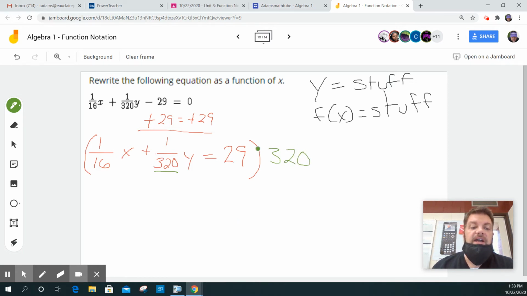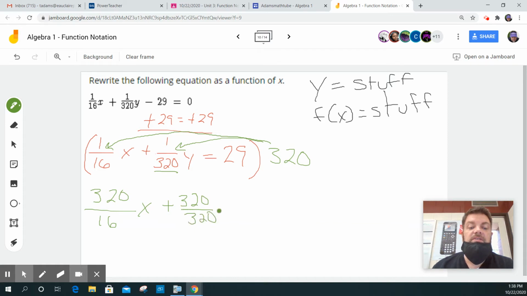So when I do that, I'm going to multiply 320 by 1 over 16, which is just going to give me 320 over 16x plus, then I'm going to multiply this by 320, which will give me 320 over 320y. And then lastly, I need to know what 29 times 320 is. So I'm just going to get my calculator out and plug that in.